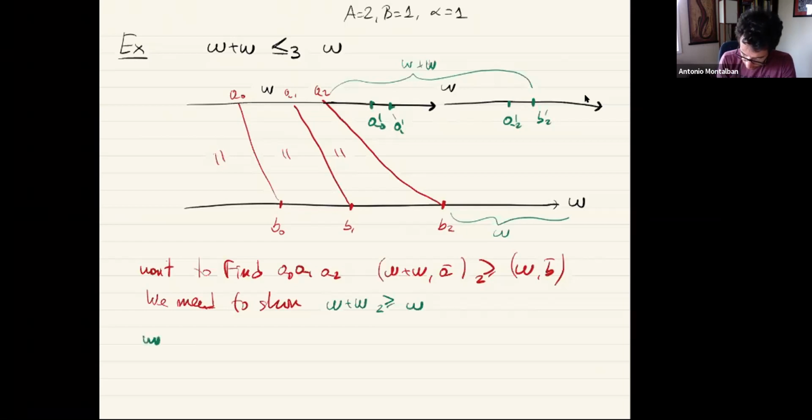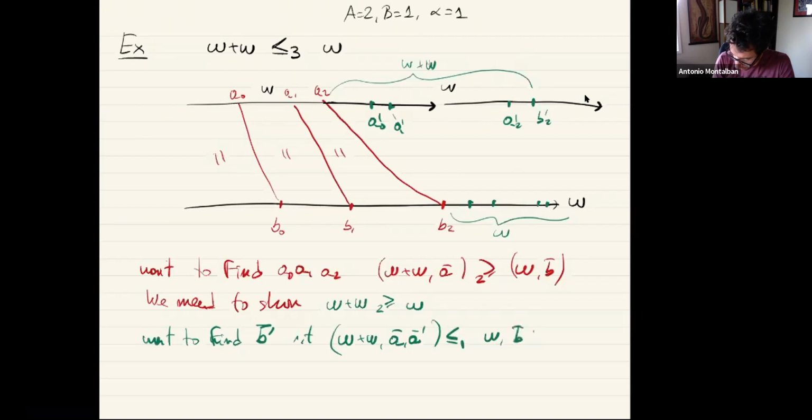So I want to find the B prime on here, such that omega plus omega, and I guess I'm going to use A's, comma A primes, less than or equal to omega, B's, comma B primes. So maybe I'm choosing some other things in here, but these are isomorphic, so I can always match the things in here and the things in here. There's no issue between matching these guys.